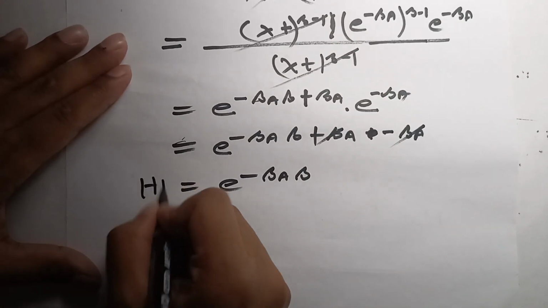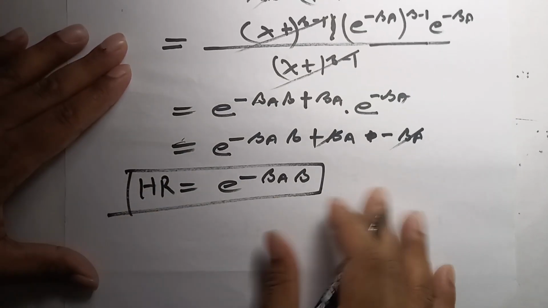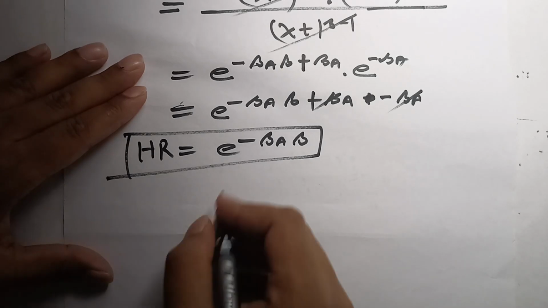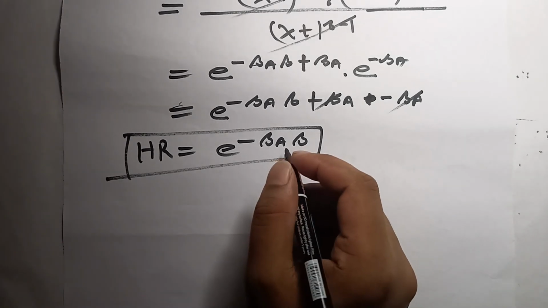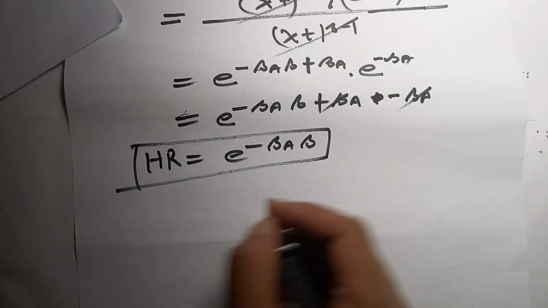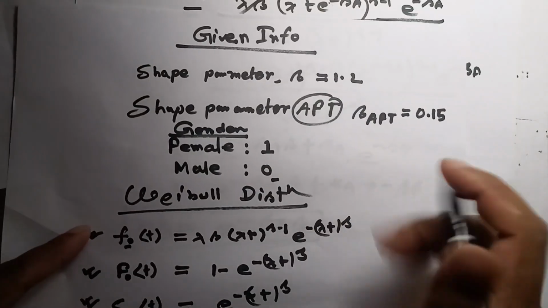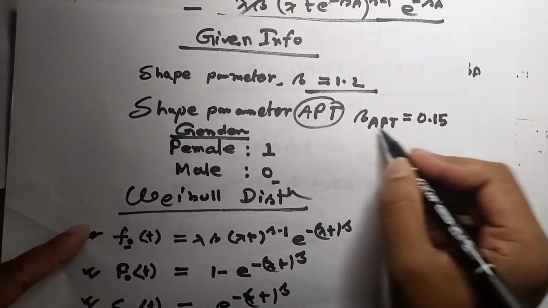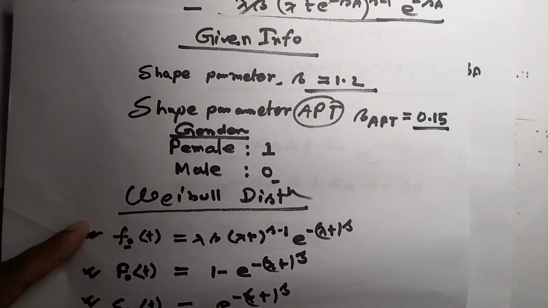So this is actually the hazard ratio, and this hazard ratio, now as I already gave in my previous part, we found beta 1.2 and beta AFT 0.15.